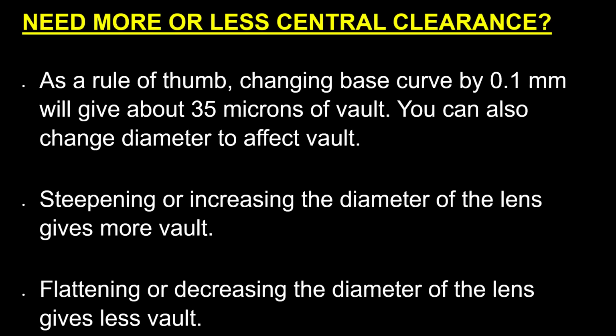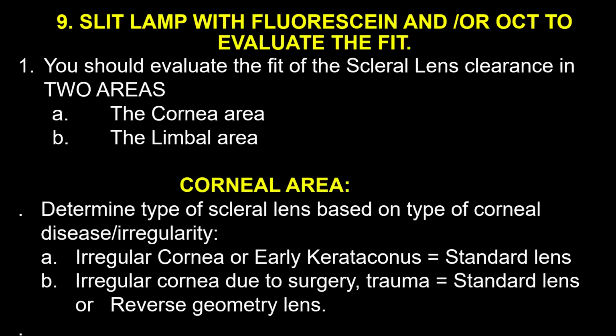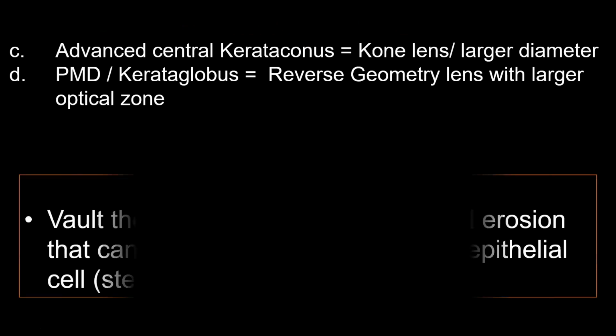There's a way to assess the level of clearance based on the thickness of the lens itself and the thickness of the tear film layer or the reservoir when you measure them using the slit lamp. I think that's more important.